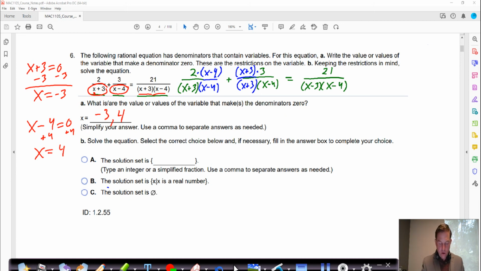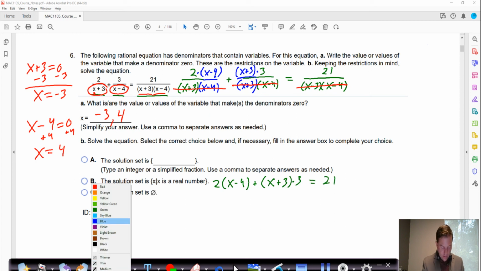Now that the denominators all match, I can divide them all out, make them all 1, and all you're left with is the top part. So let's write that. We're going to have 2 times x minus 4 plus x plus 3 times 3 equals 21.